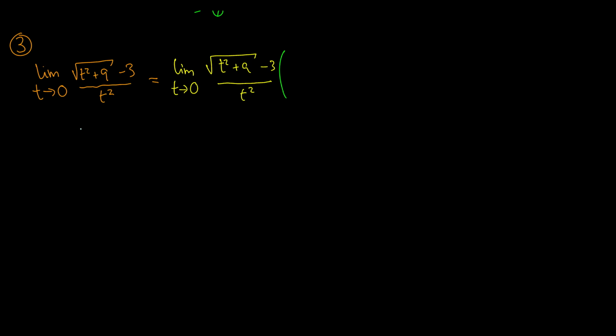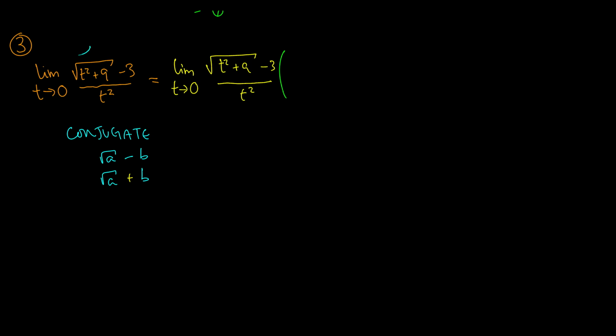I will explain this below here. If we have the root of a minus some constant b, then the conjugate is the root of a plus b.